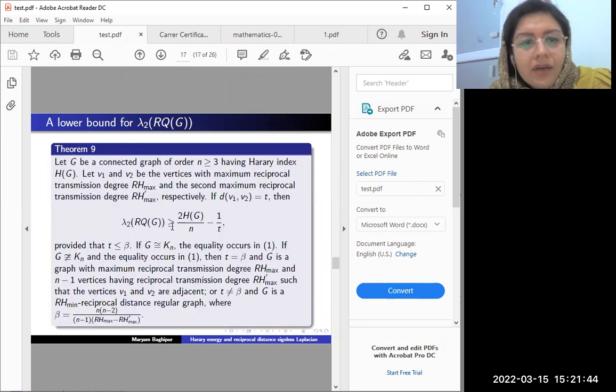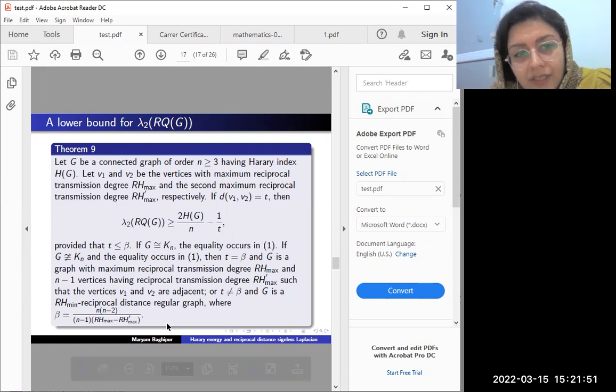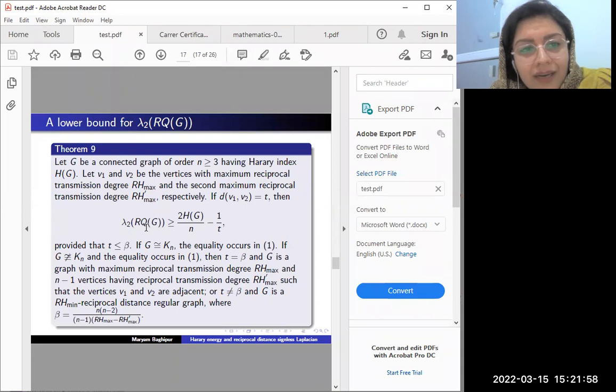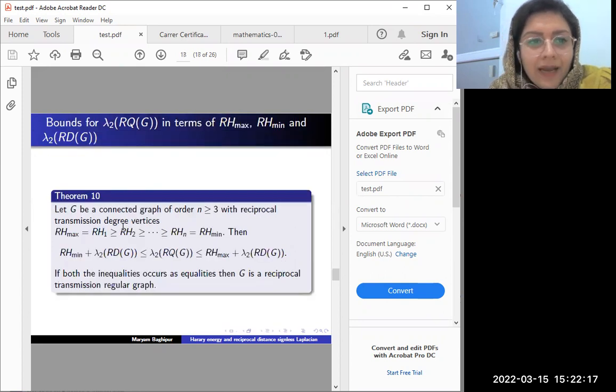Another result is, in all of the theorems, we try to characterize the extremal graphs, I mean the equality. And now we obtain a new result for the second largest eigenvalue in terms of Harary energy and distance between V1 and V2, especially regarding the relationship between Harary energy and the reciprocal distance second largest.